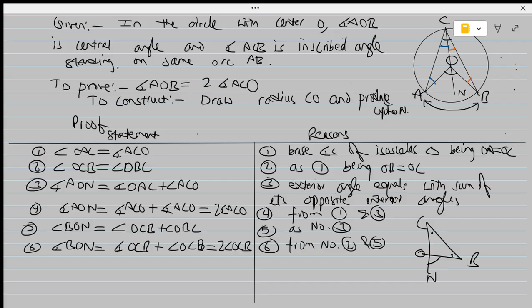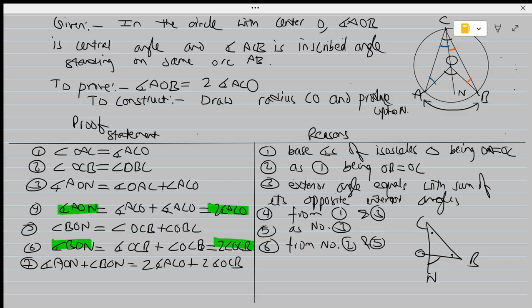Once you get that, now these two, number 4 and 5, let's add them. So in number 7, 4 and 6 let's add. In 4 you have angle AON, plus angle BON, which I have added on the left side. And on the right we have 2 times ACO and 2 times OCB, so those two let's add: 2 times angle ACO plus 2 times angle OCB.